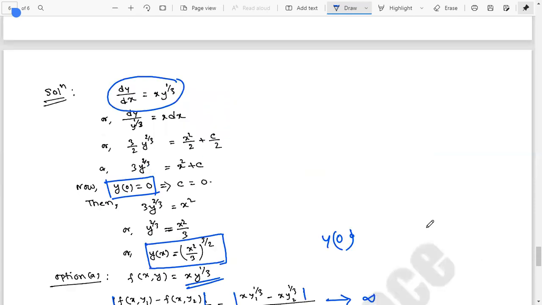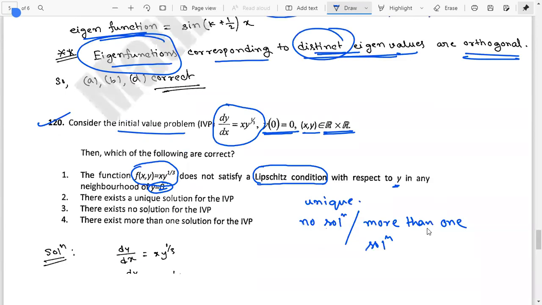So let's take a look at the options. Option 1 says that the function f(x,y) equals x y to the power 1/3 does not satisfy the Lipschitz condition. Yes, this is correct. Option 2 says there exists a unique solution. Since it is not satisfying the Lipschitz condition, option 2 is incorrect. Option 3, there exists no solution. This is incorrect, because in the initial condition it is given that y(0) equals 0, which means there exists at least one solution.